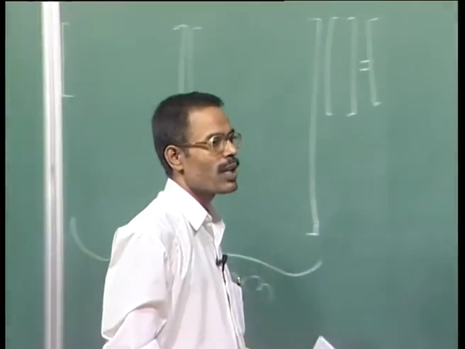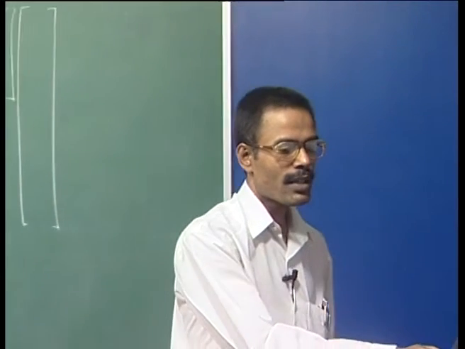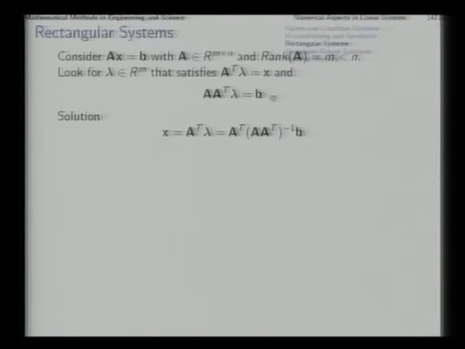So, then we have this system A A transpose lambda equal to b, and rank of A is m. That will mean that this matrix A A transpose is symmetric and non-singular, that is positive definite, and then you can solve this and get lambda, that will be A A transpose inverse b. That will be the solution, and that lambda when multiplied with A transpose will give you x.